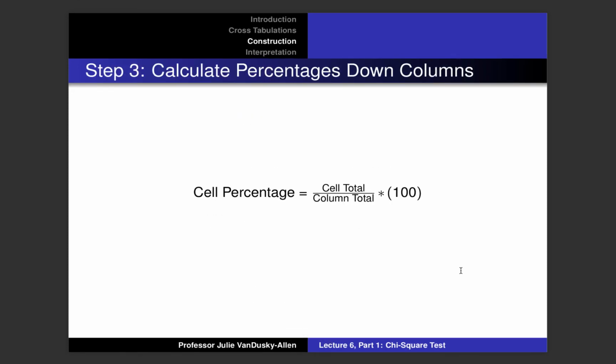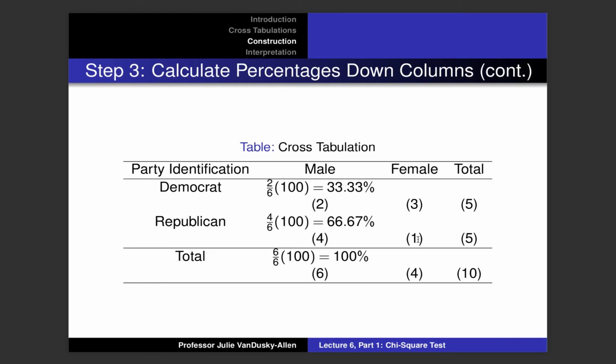After you calculate the total number of cases in each cell, you have to calculate cell percentages based on the column totals. The cell percentage is calculated by taking the total number of observations in a cell, dividing that number by the total number of observations in the cell's column, and then multiplying that value by 100. So in this first example here, the male Democrat cell would be 2 divided by 6 times 100, which is 33.3.